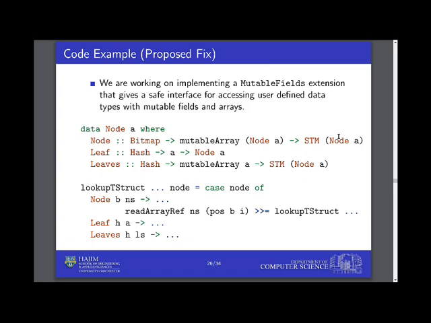And all the accesses will have to be through the STM monad. And now when we go to look up, we can pattern match on this because it's a sum type. But internally, it's still that nice compressed heap object. And we access the fields. When we pattern match, we don't get the value in the field, but instead we get a reference to the field. And we can dereference that inside STM. So it works out really nicely.